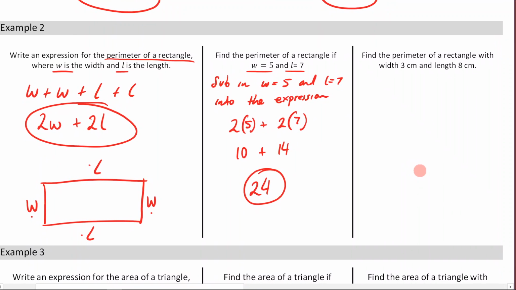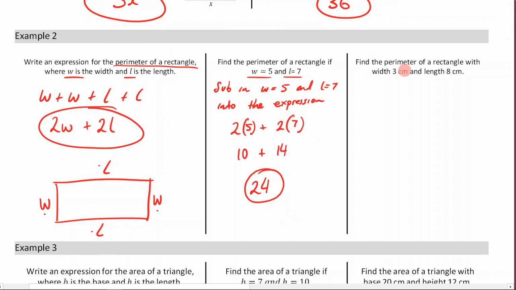Let's now answer our final question, which says find the perimeter of a rectangle with a width of 3 centimeters and length of 8 centimeters. Again, we're going to sub in when W is equal to 3 and when the length is equal to 8 into the expression. We're starting with 2W plus 2L.